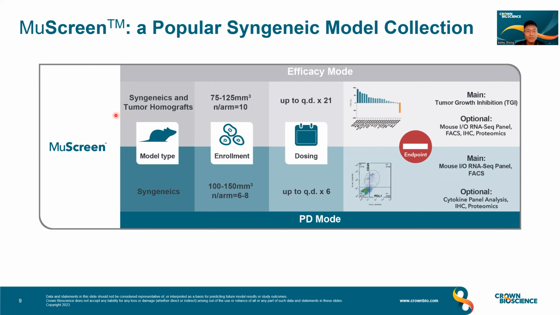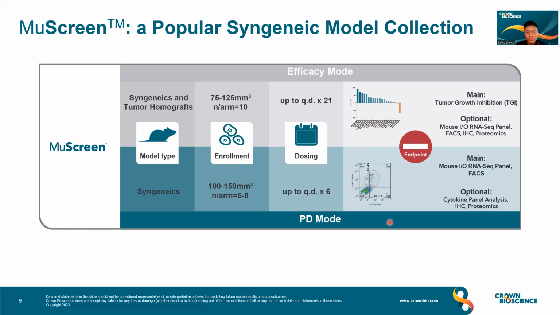We routinely run all screen models every quarter, and the clients share the vehicle groups and only pay for their own drug groups. QuantBio will provide the TGI results in the efficacy mode and analyze the tumor or tissue samples for immune cells, either by RNA-seq or flow or other methods in the PD mode.